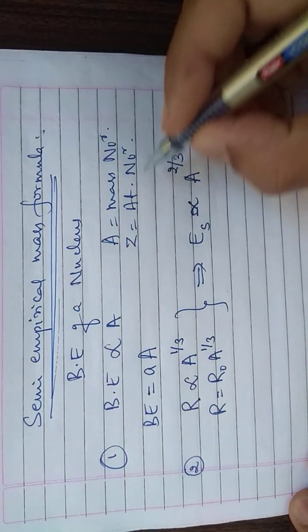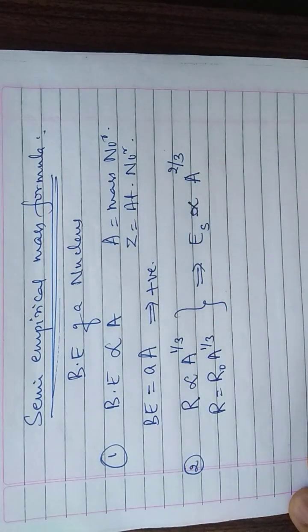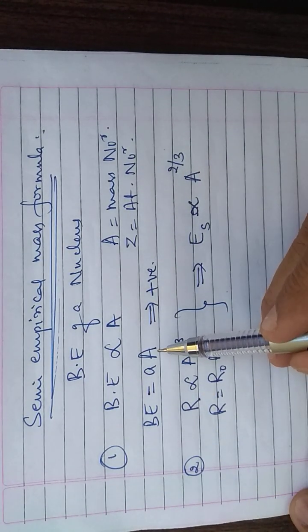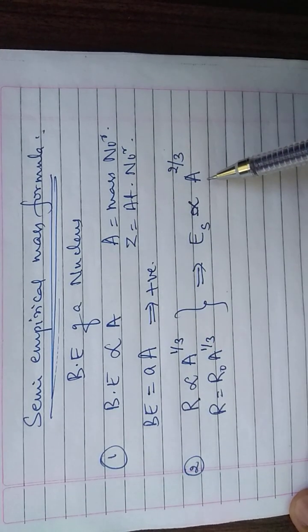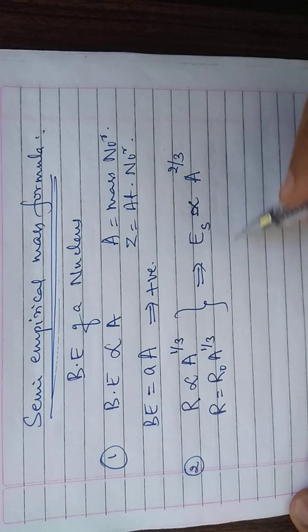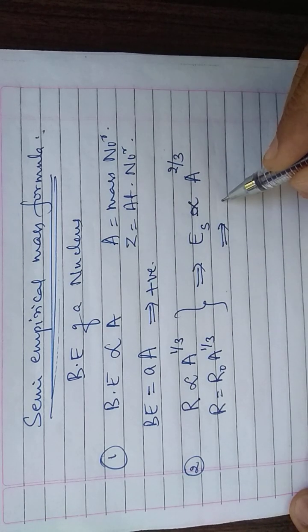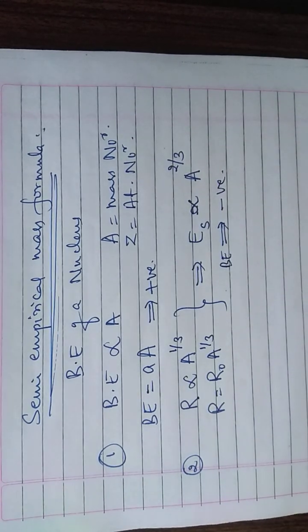This is having a positive effect, don't forget. As the mass number increases, the binding energy goes on increasing. But here it is not like that. As the number of nucleons on the surface is more and more, the binding energy goes on reducing. This is said to be negative, therefore.